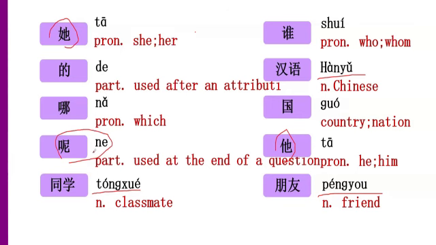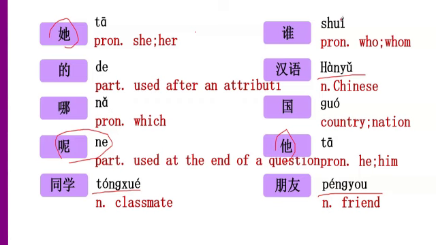This one, 呢. 你呢, 他, 的, 同学, 朋友. 朋友, 很好, very good, 谢谢. Okay, so Rashid Mahmood, yes, ma'am. 你好, OK, 请跟我读. 他, 谁, 水, 的, 汉语, 哪, 国, 呢, 他, 同学, 朋友. 朋友, 非常好, very good.